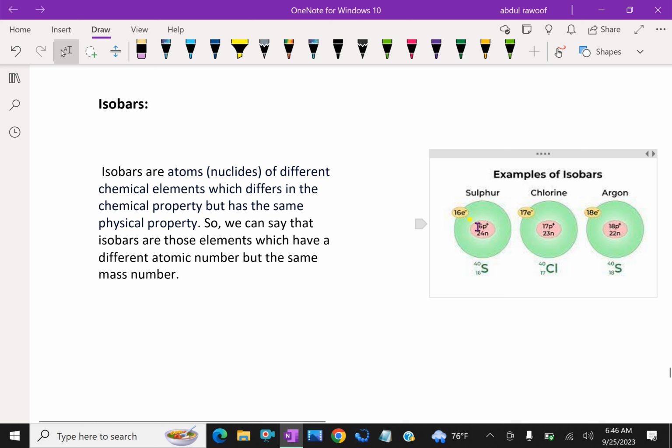Here sulfur, chlorine and argon have different atomic numbers but the same mass number. Sulfur has mass number 40, chlorine has 40, and argon is 40. That means sulfur, chlorine and argon are examples of isobars.